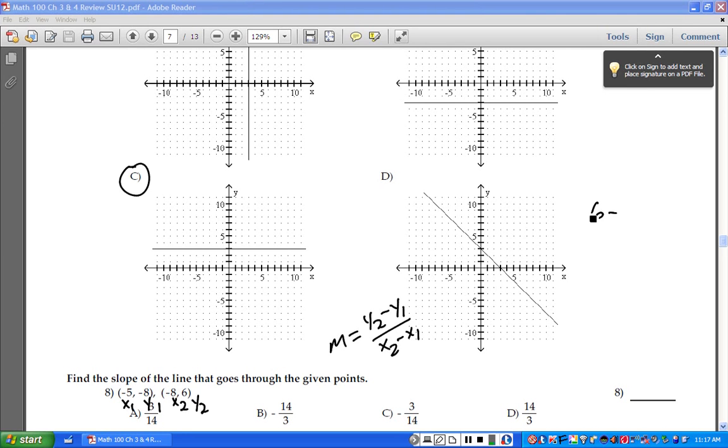So minus a negative means plus 8, over x2, which is a negative 8, minus x1, a negative 5, which becomes plus. So that gives me 14 over a negative 3. So the answer choice would be B, negative 14 thirds.